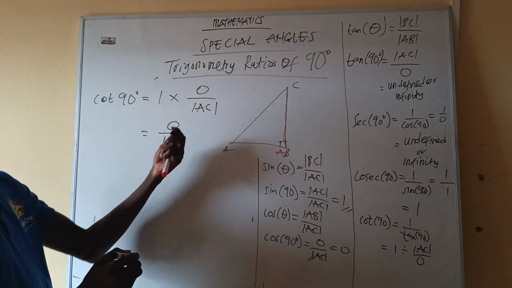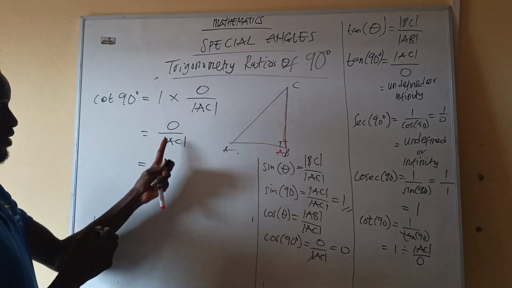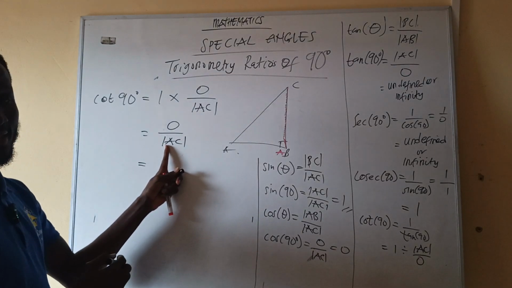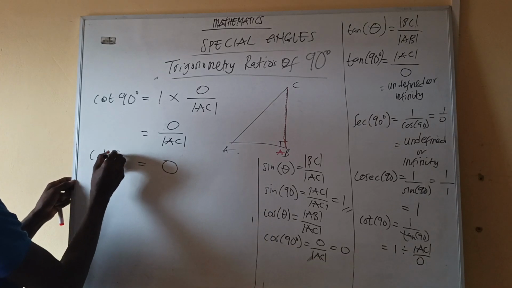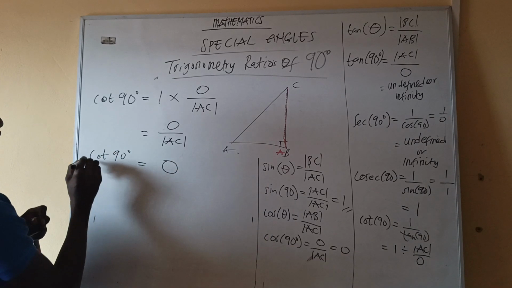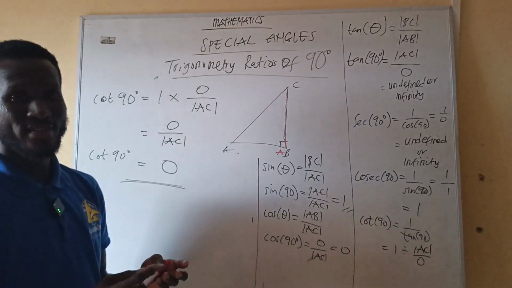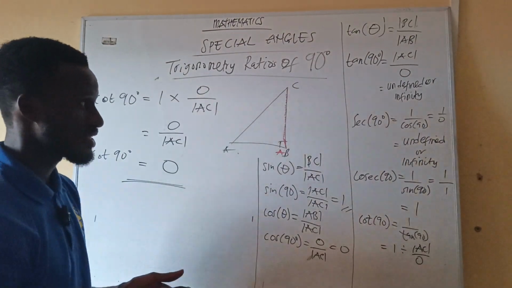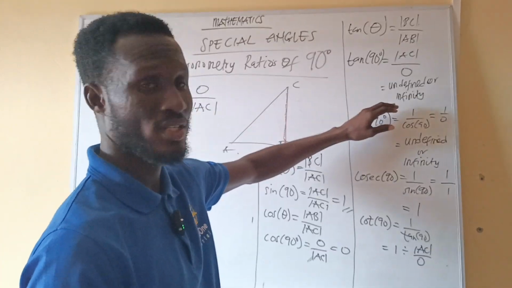Because 1 times this will still give us the same. At this point, 0 over any number is still 0. So when we have cot 90 degrees, we are going to get 0. You see, this is very simple. This is how come when you have tan 90, it is undefined.